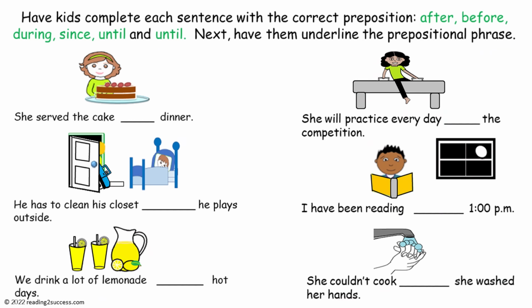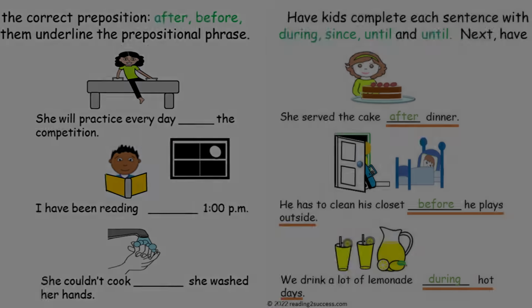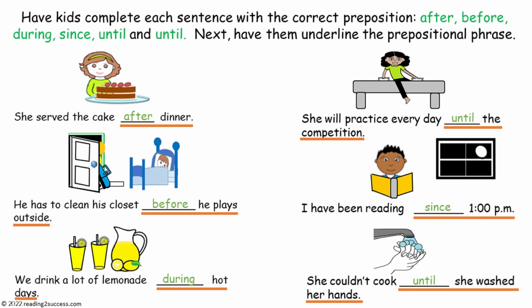Now have kids complete each sentence with the correct preposition: after, before, during, since, until, and until. Next, have them underline the prepositional phrase. This is the completed example. She served the cake after dinner.